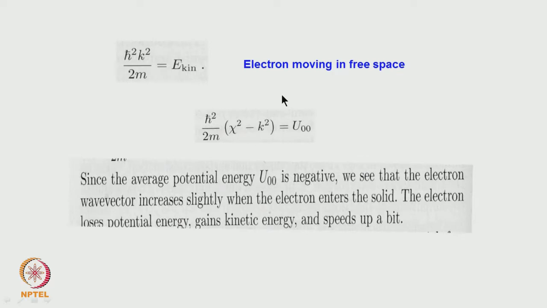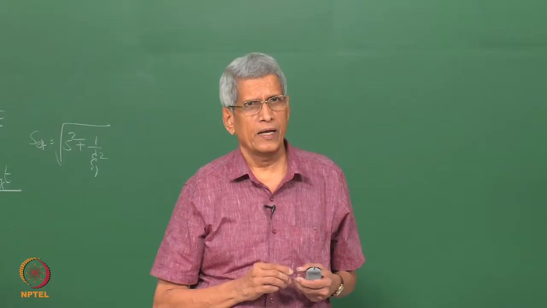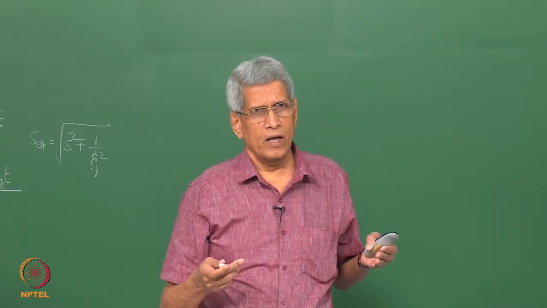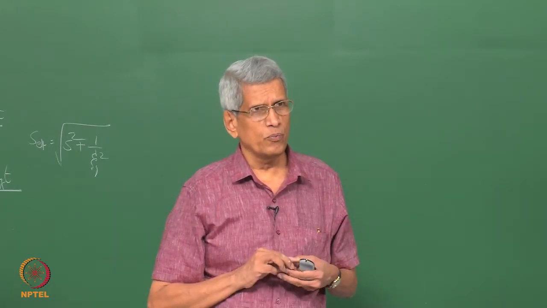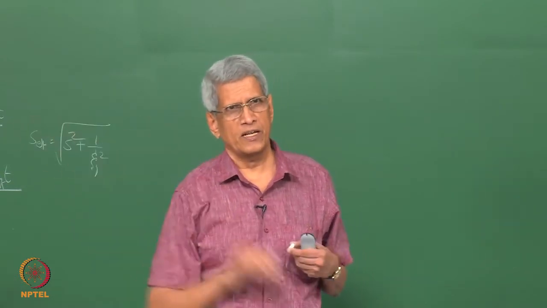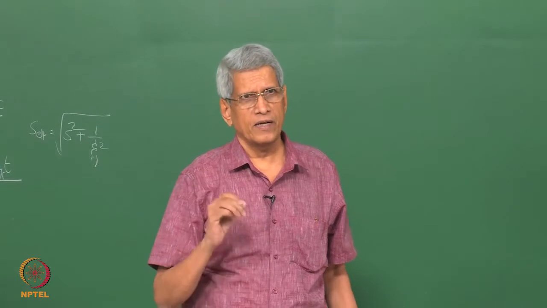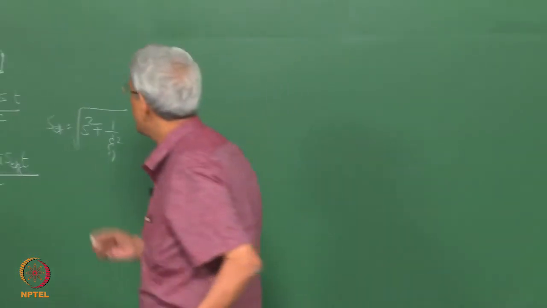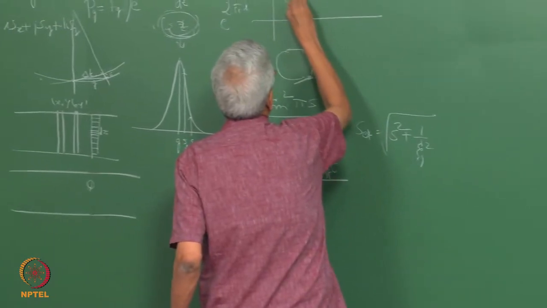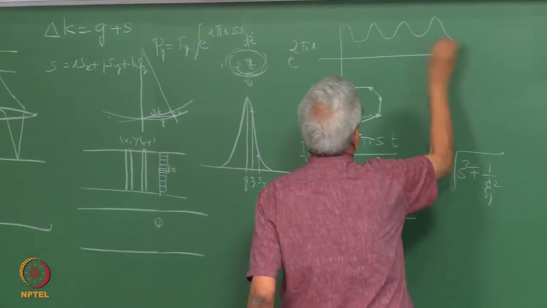When the beam enters into the sample, the sample consists of ions which are arranged in specific positions. This gives rise to a periodicity of the potential, right. This periodicity has two aspects which we have to consider. The potential may be like this if you assume it is varying.